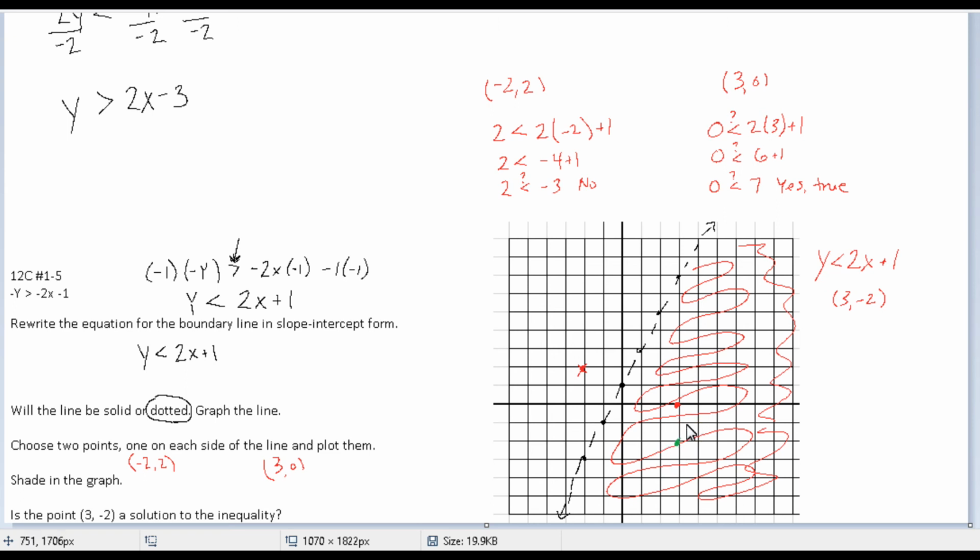It is in our shaded region. So is that a solution? Yes. We can double check right here by plugging in the numbers. This is our y, so this is -2, less than 2 times our x is 3, plus 1. Is -2 less than 6 plus 1? Yes.